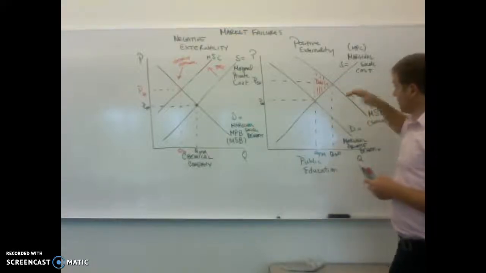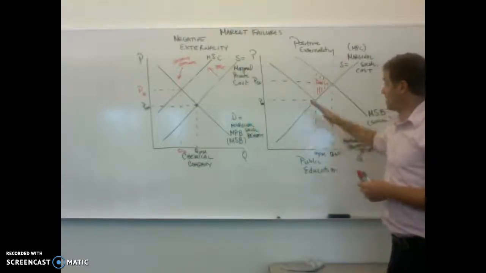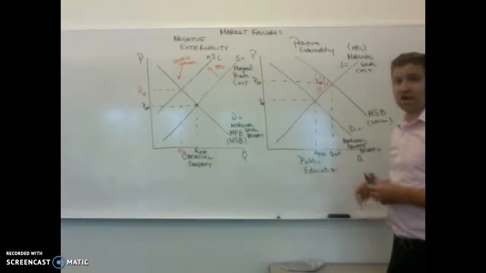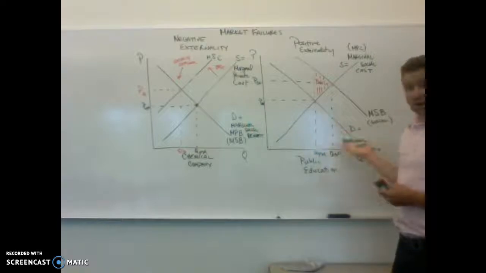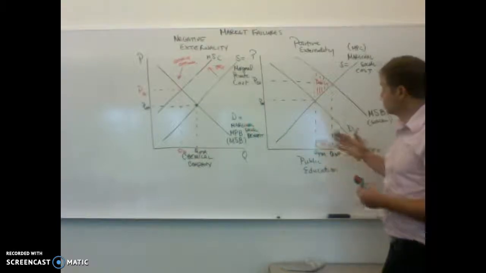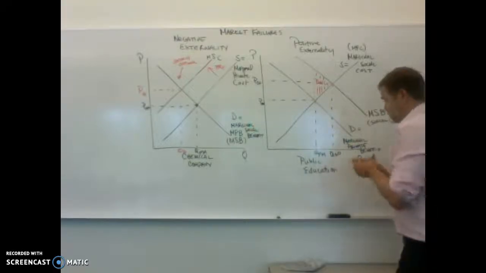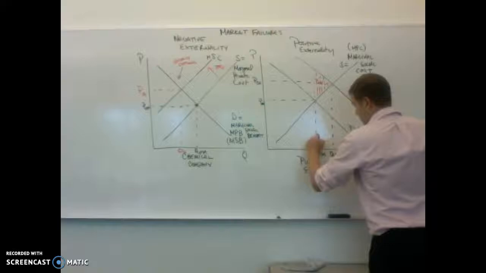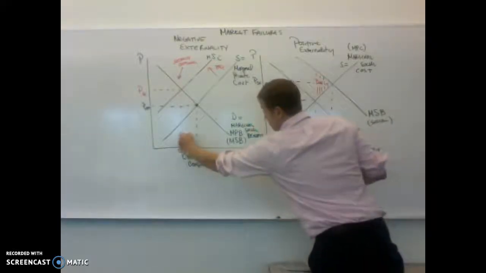So how do we, again, get rid of that deadweight loss and get us up to the socially optimal quantity of education? Well, one way to do this is to subsidize, because we are not producing enough, right? So we would actually call this under-allocation. And in this particular instance, it's over-allocation, right?